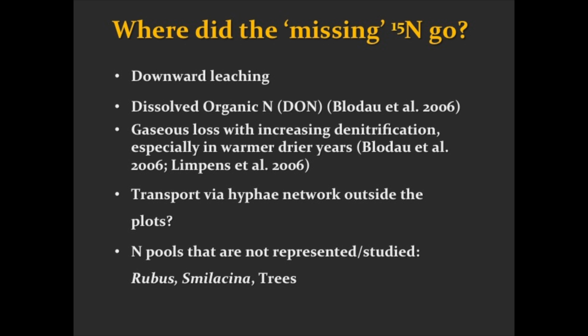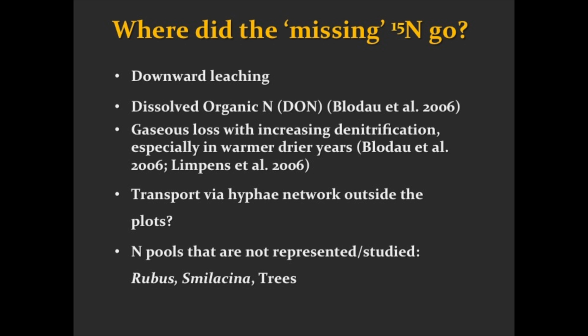So where did the missing N15 go, you ask? I can't really answer that question because we didn't look at all these pools, but we think the way that we applied the N15 is kind of a shock to the system. There could be downward leaching right away because we couldn't just trickle nitrogen on the surface. We had to dump a huge amount right away, and not all of it can be absorbed right away.